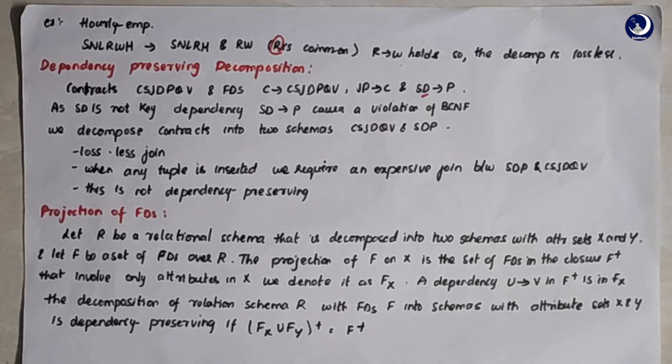Okay, so let's look at the definition that we have in our textbook. Let R be a relational schema that is decomposed into two schemas with the attribute sets X and Y, and let F be the set of functional dependencies over the particular relation R. The projection of F on X is a subset of the functional dependencies in the closure F+ that involve only the attributes in X. We denote this as Fx.